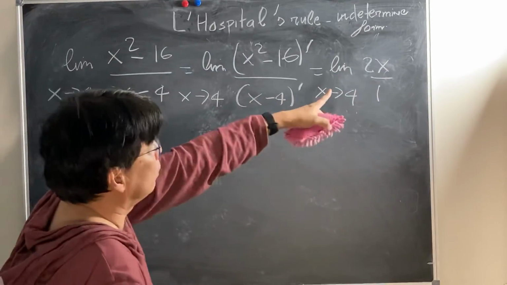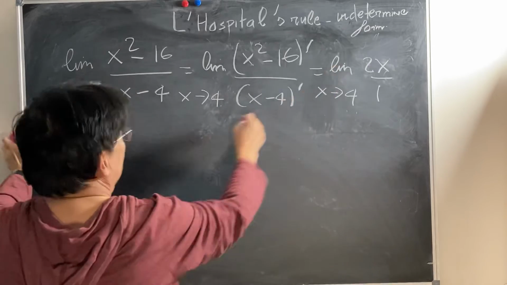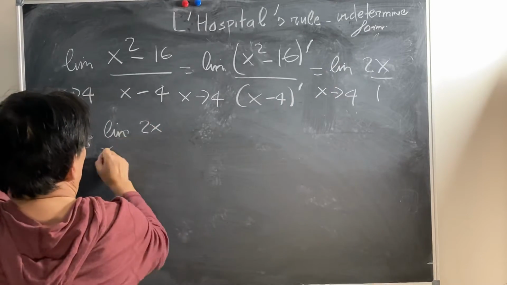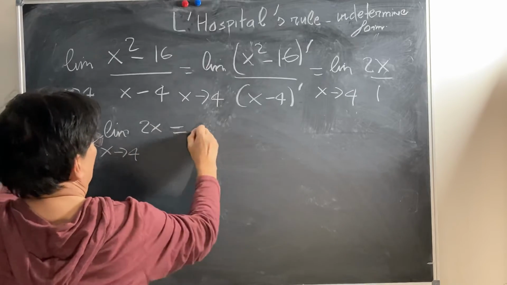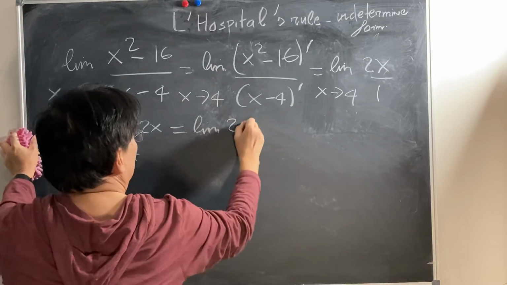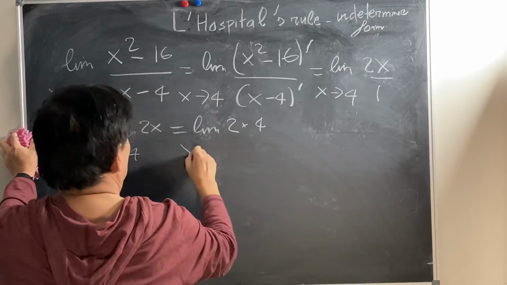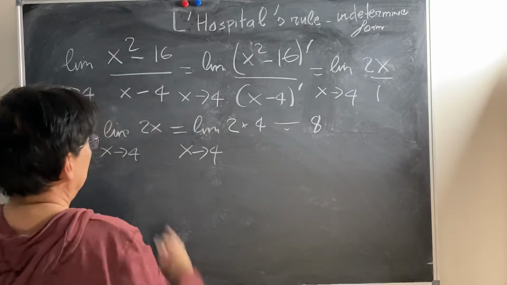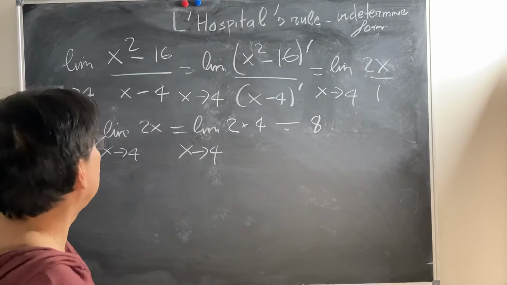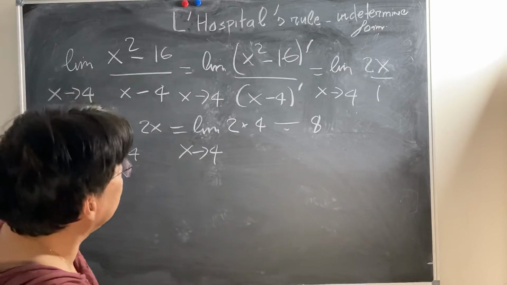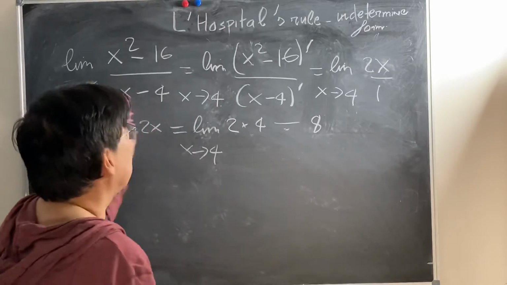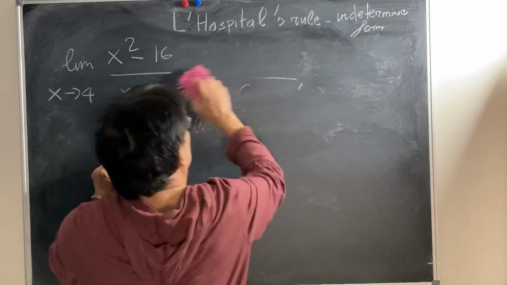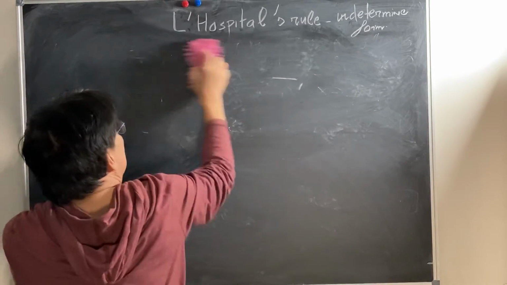If you substitute 4 in there, you have the limit of 2x as x goes to 4, which is 2 times 4, equal to 8. This problem is very simple. Let's find a more complicated example.